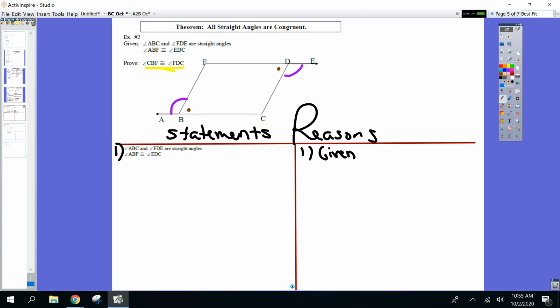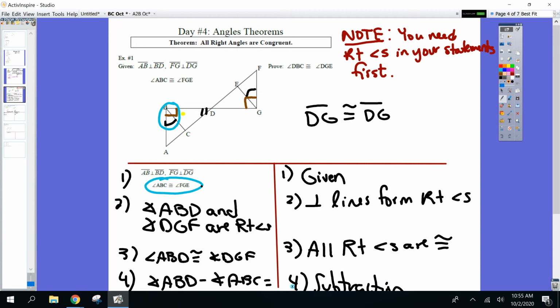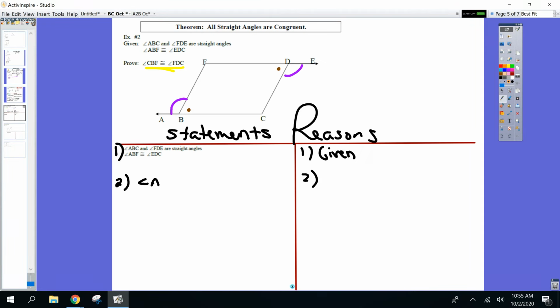Angle A... Oh, whoa, wait a second. Hold on. I'm surprised nobody's going to challenge me on this. Mr. Carlino, you said in the last proof that if we're going to say right angles are congruent, you have to tell me in your statements they're right angles. Why don't I have to tell you here that they're straight angles before I tell you they're congruent? Why not, Maeve?